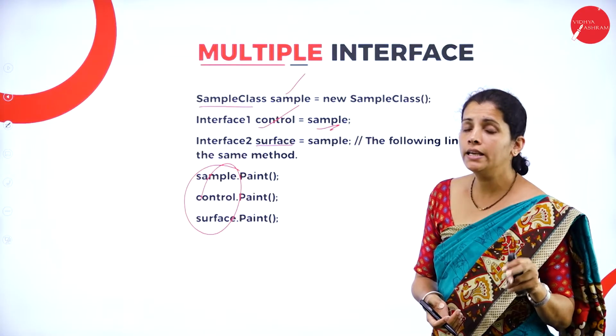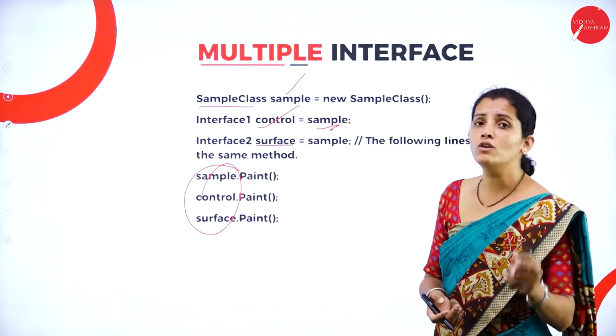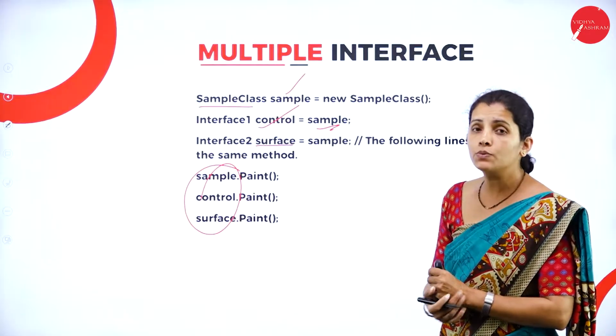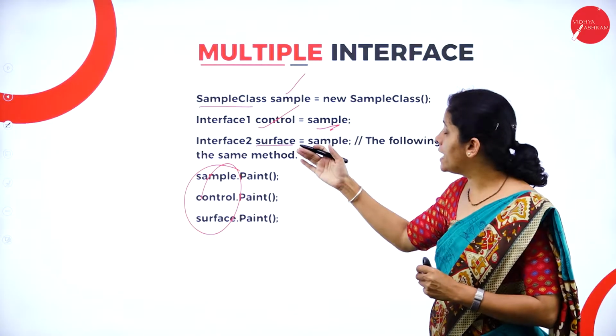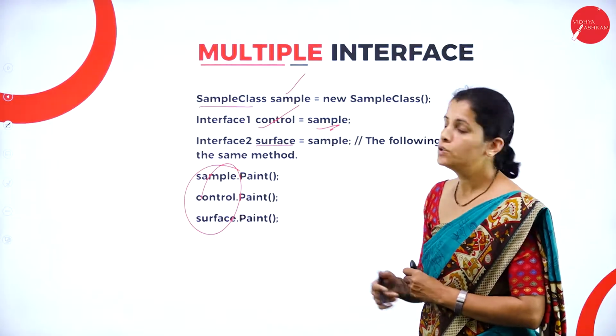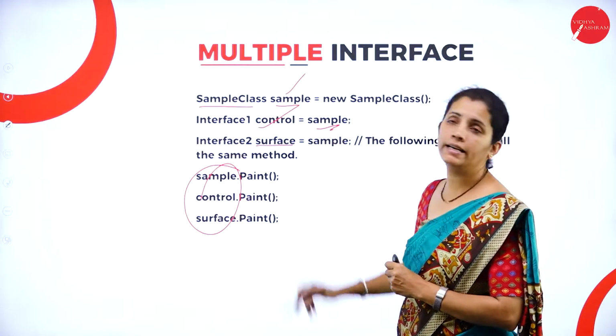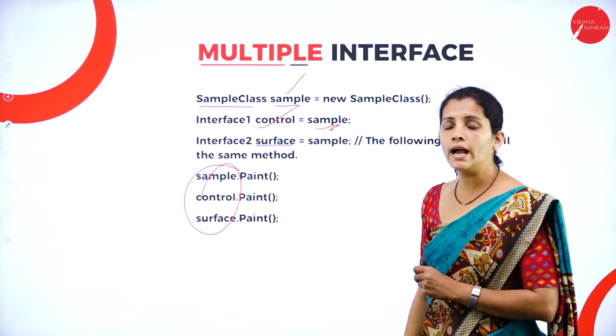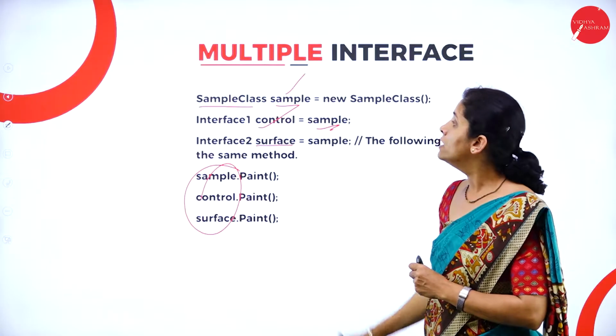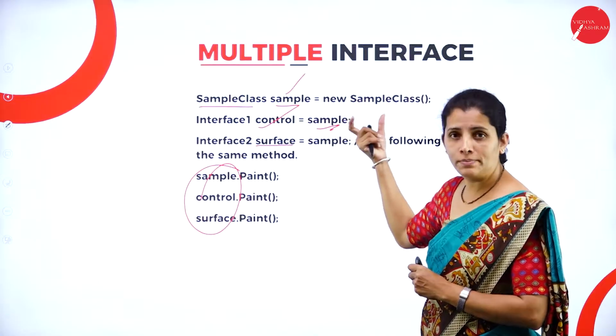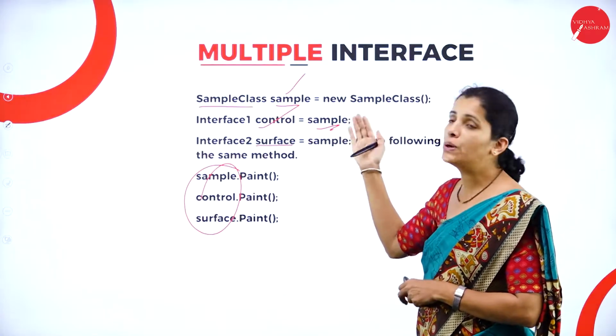So dear student, here I follow the same procedure as we used to create an object. First I created the object. Then I converted the interface to the object type. That means I am just going to assign.